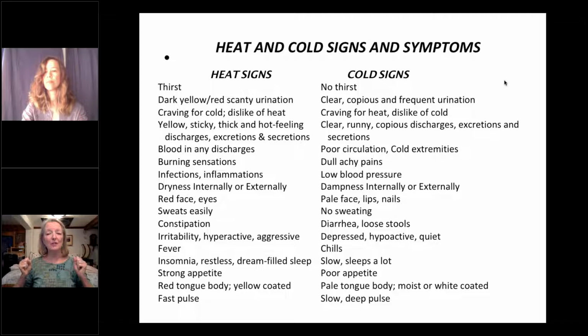And somebody who has too much heat tends to be more aggressive, outgoing, loud, talkative, very strong body odors, strong in all the senses, strong appetite, like I said, loud voice, sweats really easily and a lot, tends toward fever rather than body chills, and the tongue body is red, the coat is yellow, and the pulse is fast.